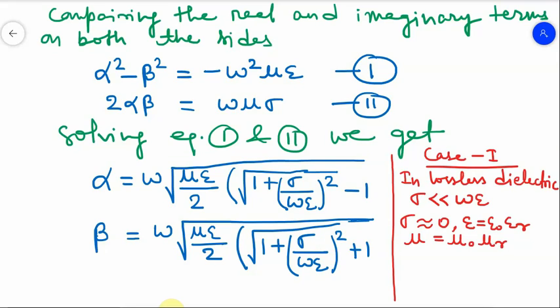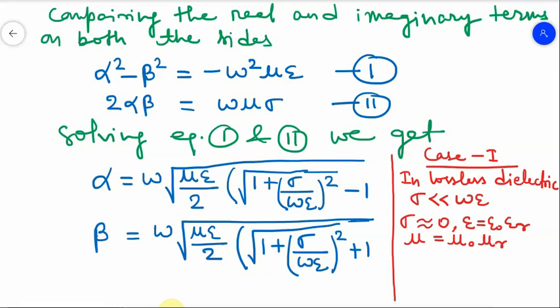So what will happen if we put these values? Sigma is 0, let's say. So this term will be 0, and root over 1 means 1, 1 minus 1 is 0.